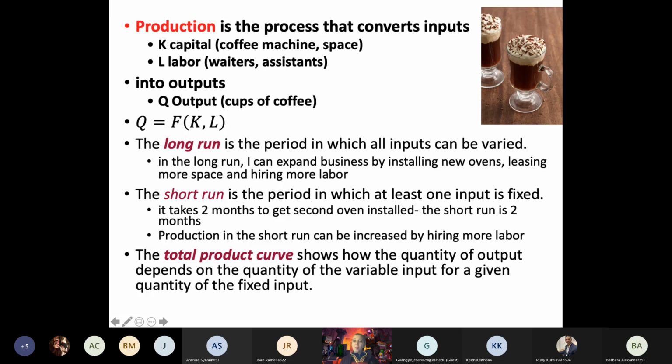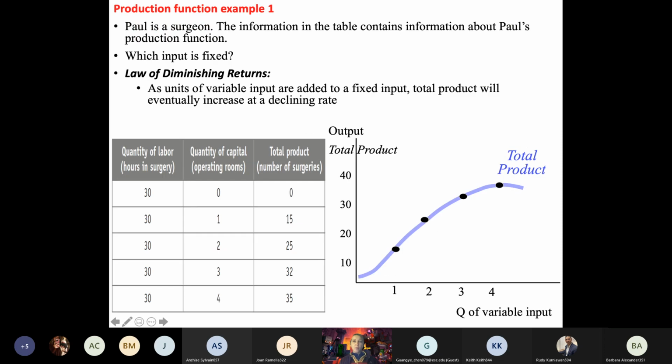And here's an example of a total product curve right here for us. So example number 1, Paul is a surgeon. The information in the table contains his production function. So we have quantity of labor that's needed to produce a certain amount of output, which is the number of surgeries.